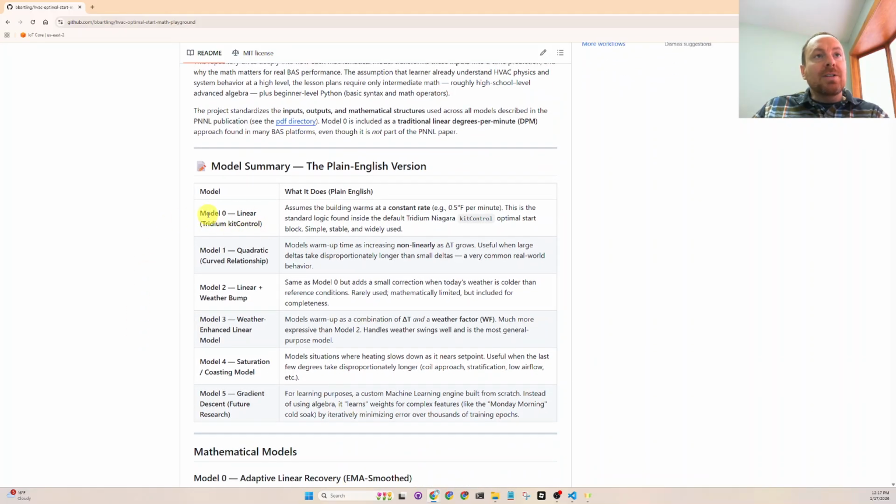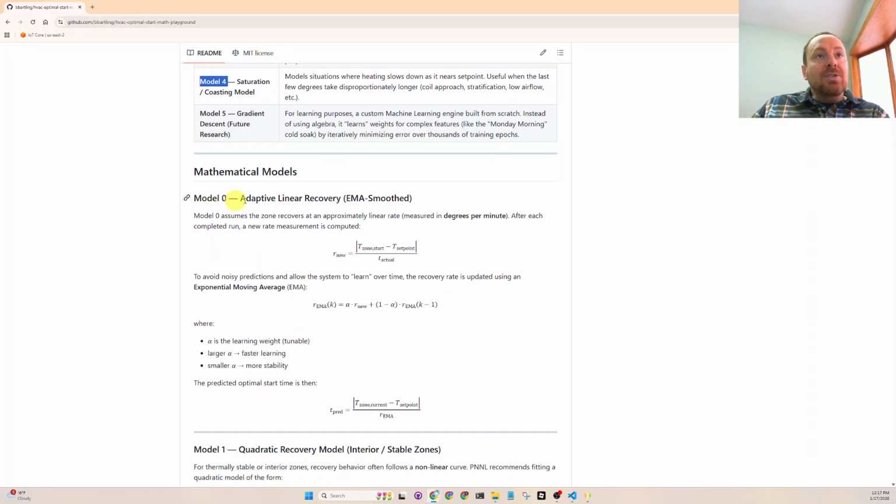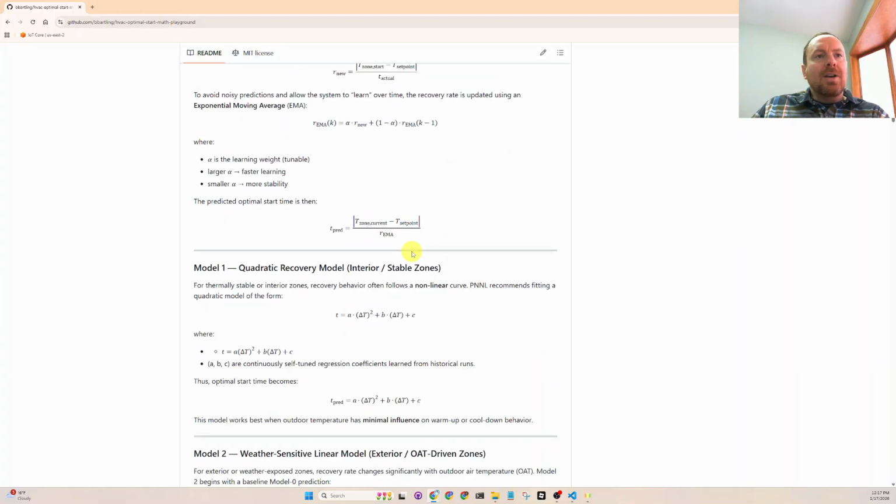So we've been studying the different models. We had Model 0, Model 1, Model 2, Model 3, and now we're on Model 4. A little recap: Model 0 is just a linear degree per minute, a kind of simple model that most building automation systems have built in.